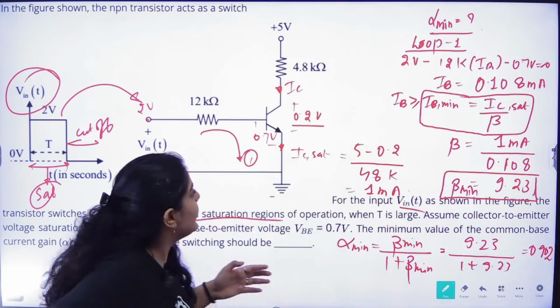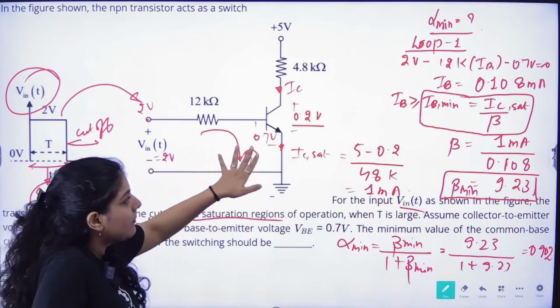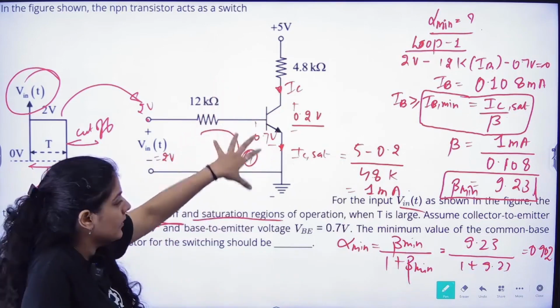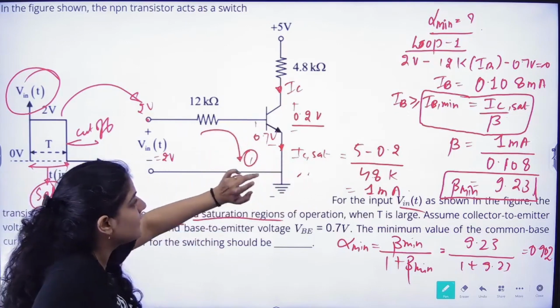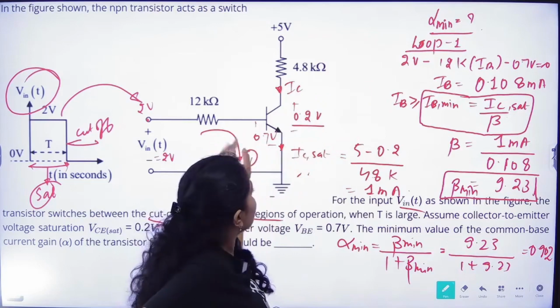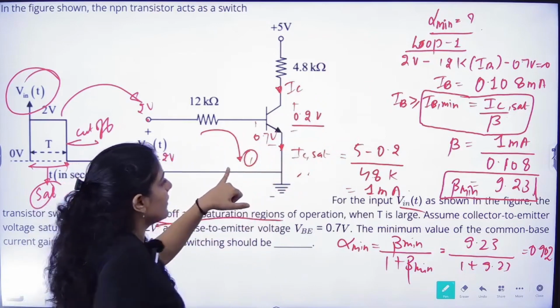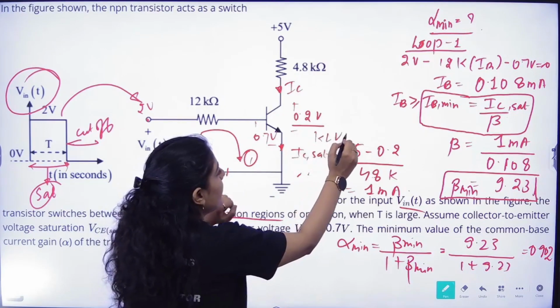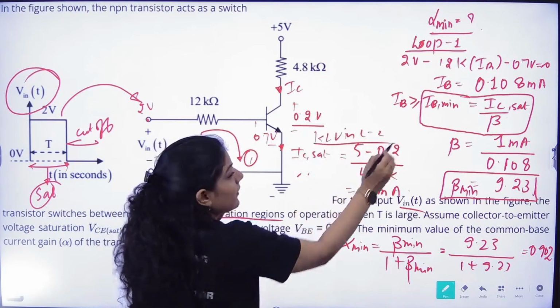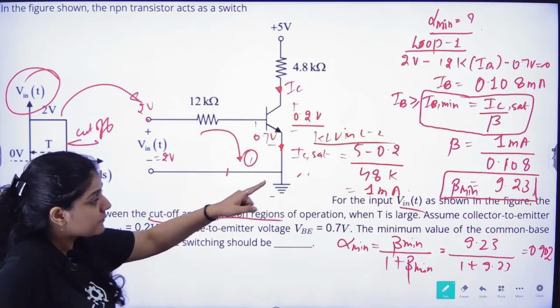We can easily find the values of IB and IC from the given parameters in the question. We found the value of IC sat and beta by applying KVL in loop 1, and this is for KVL in loop 2.